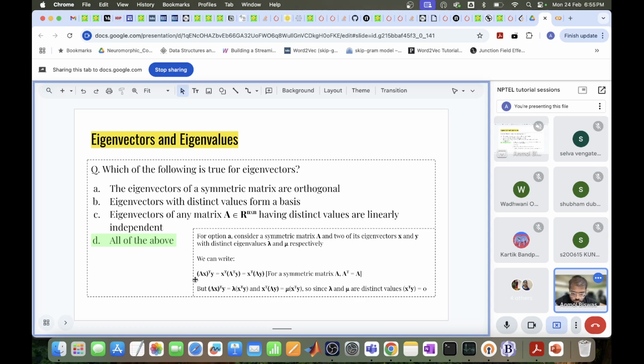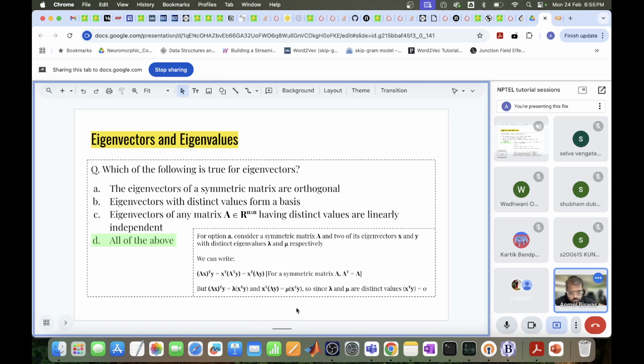So if we evaluate this equation, (AX) transpose times Y, we'll get lambda times X transpose Y, and if we evaluate the final equation, X transpose AY, we'll get mu times X transpose Y, right?